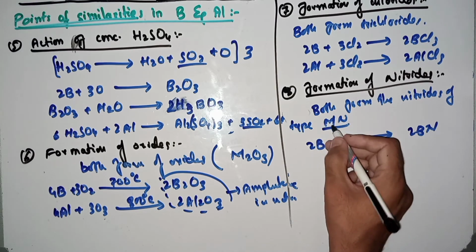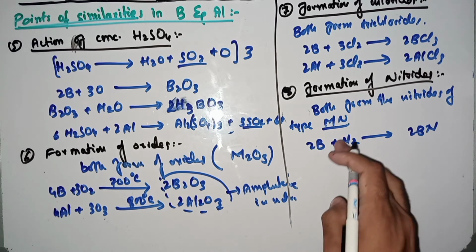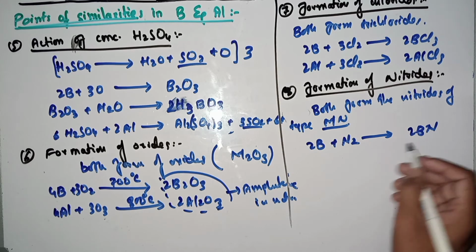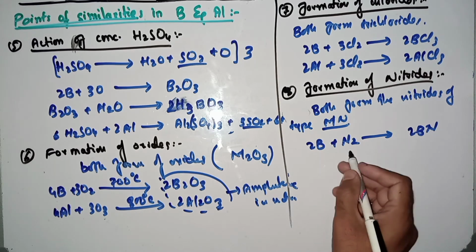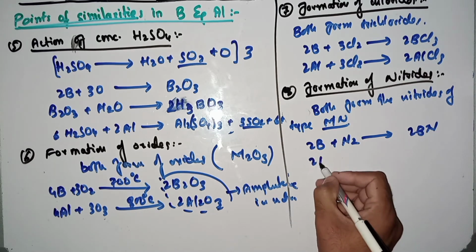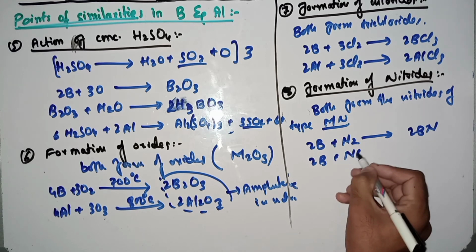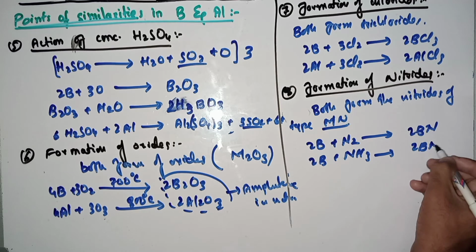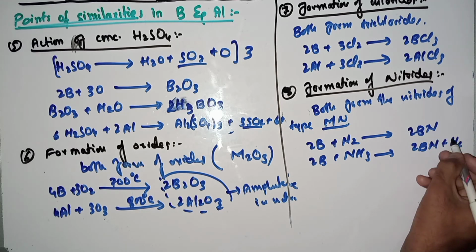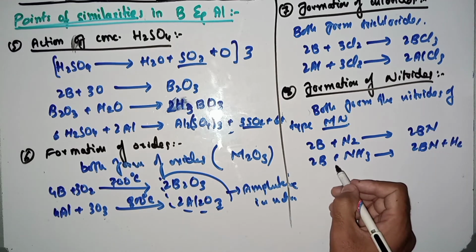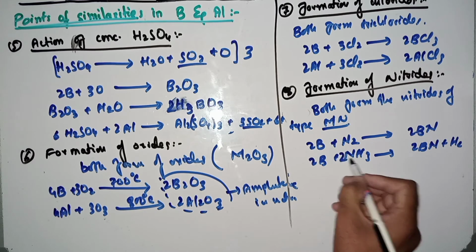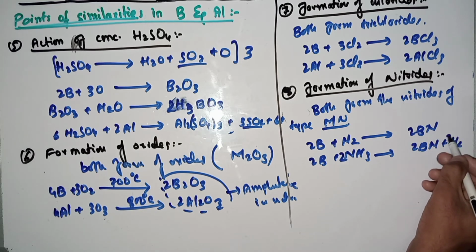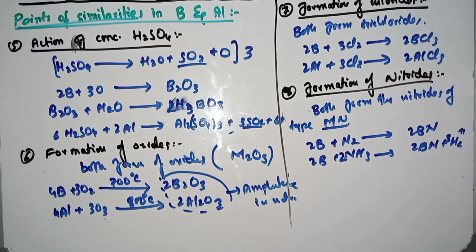M is used for either boron or aluminium. So here BN is generated. Similarly, when heated with ammonia NH3, it will liberate hydrogen gas, with 2NH3 giving 3H2 evolved.